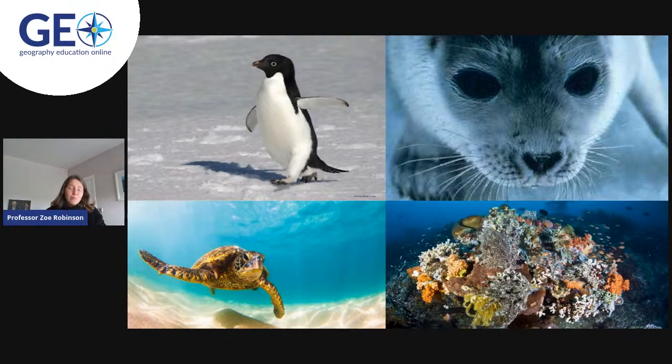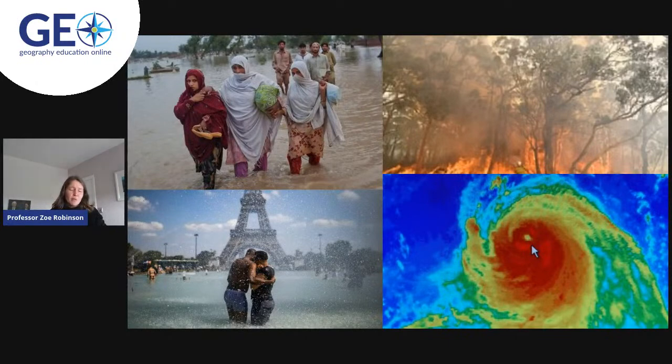And we see turtles being affected by temperature rises. Warmer sand means more females are being born, but changes in ocean temperature are also affecting the distribution of their prey, and they also feed around corals as well. So these are impacts we've already seen. If we look at the human environment, we are already seeing significant flooding, maybe from storm surges associated with rises in sea level, making these instances worse. We've seen wildfires in Australia, in the US, wildfires which are worse than were predicted by climate modelers for this stage.